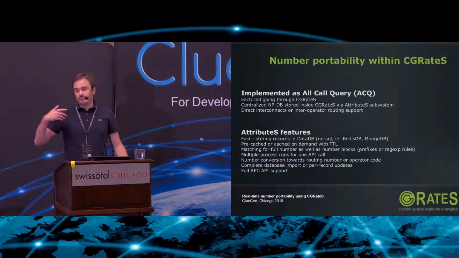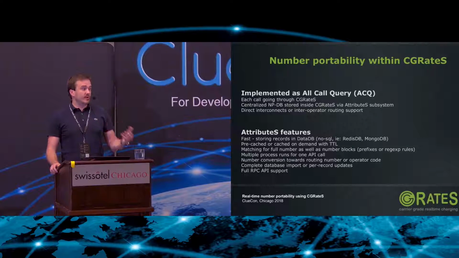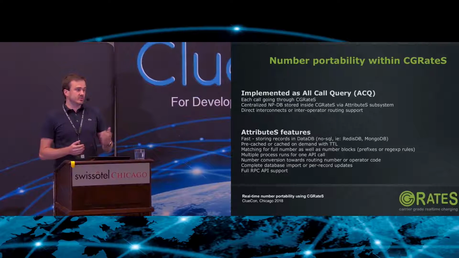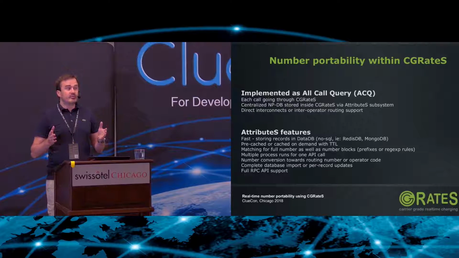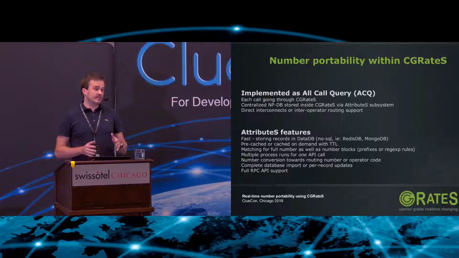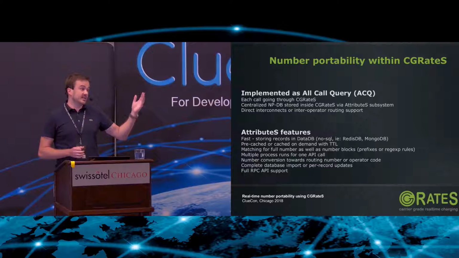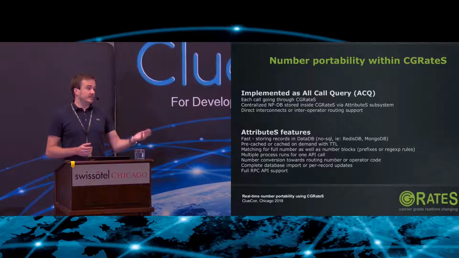I will show you a quick demo in the end. If you hit the database one time with a number, you will have that number in the process cache of CGRateS, and then you can also auto expire it. So for example, if you are not using a centralized database in CGRateS and you are querying via some external APIs, another system, for the LRN, for example, you can set a time to live.